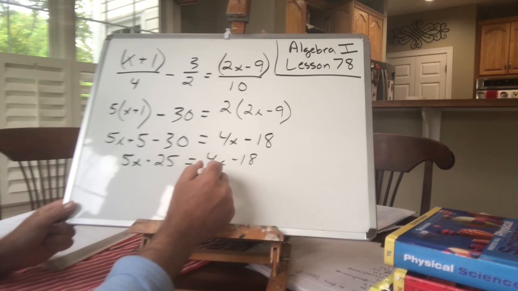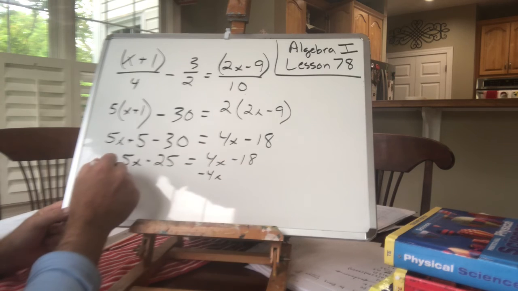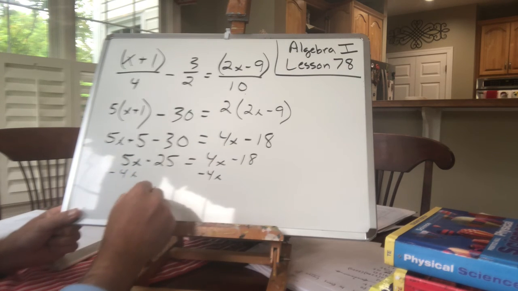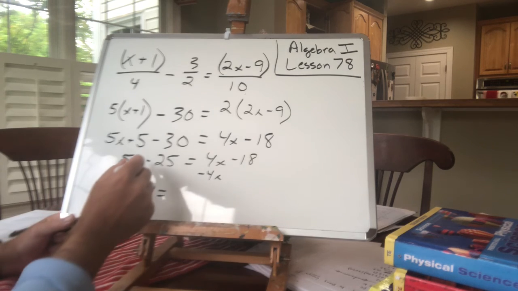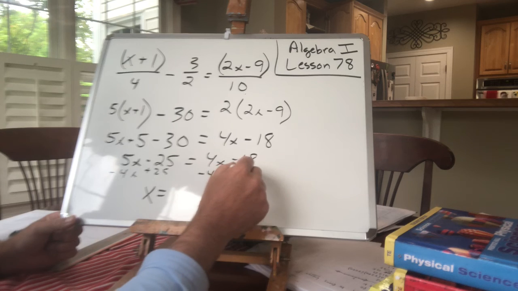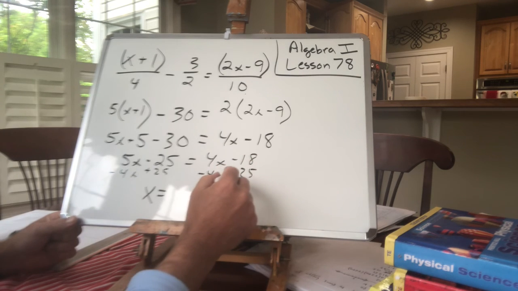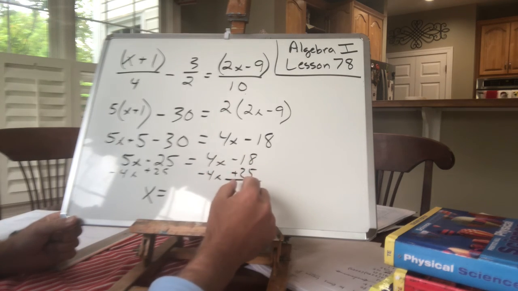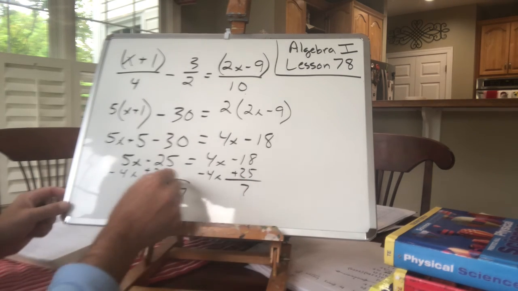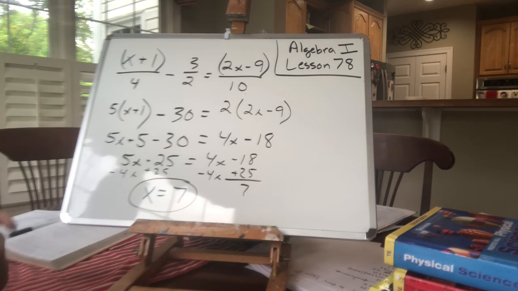I'll move minus 4x, minus 4x. I'm left with x equals, I'm going to go plus 25, plus 25, and I'm left with what? 7. X equals 7. Right there.